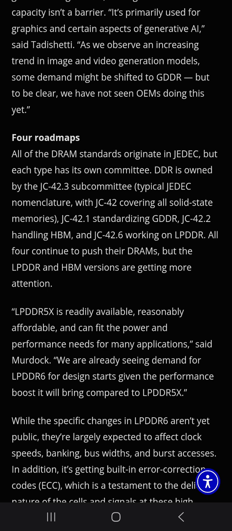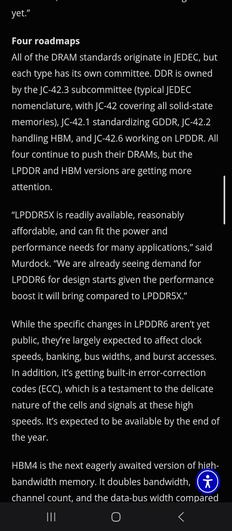All four continue to push their DRAMs, but the LPDDR and HBM versions are getting more attention.